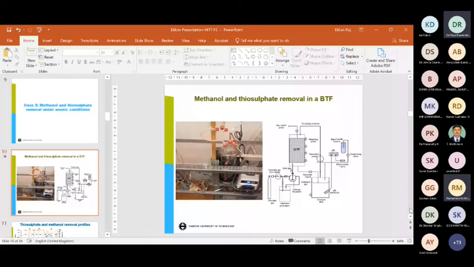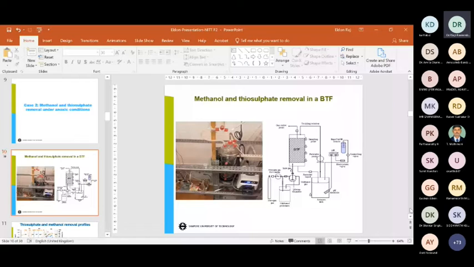So sulfur is a volatile inorganic species, and we took methanol as a volatile organic pollutant, and we wanted to simulate the conditions in a pulp and paper factory wastewater. So we just took 2 representative pollutants, and we wanted to see how an anoxic biofilter could be used.